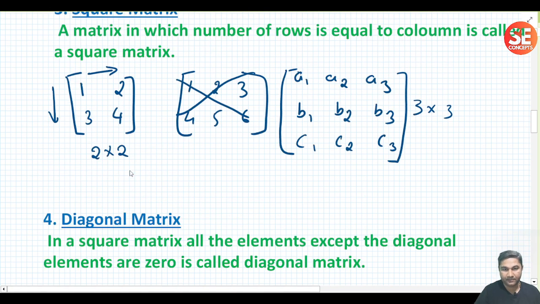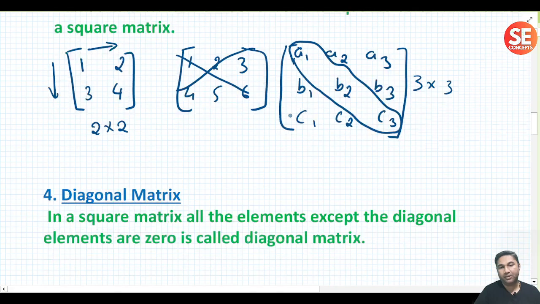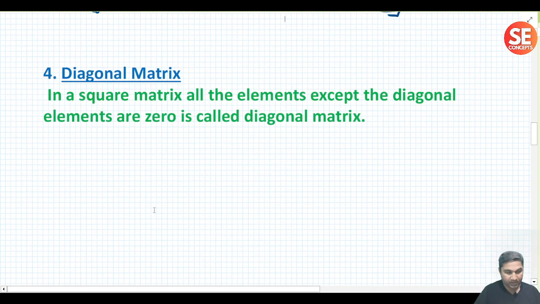If you see here, this is the diagonal element, also called the cross. So in the diagonal matrix I put A1, 0, 0, 0, B1, 0, 0, 0, C1.